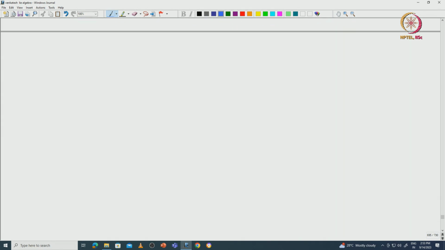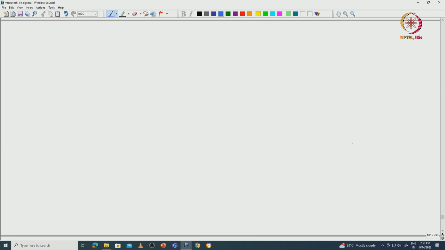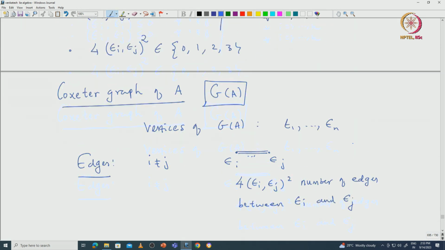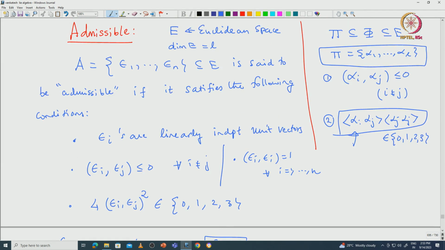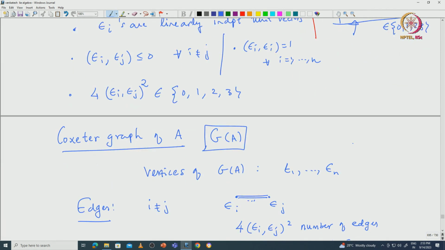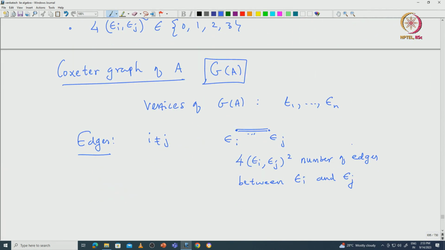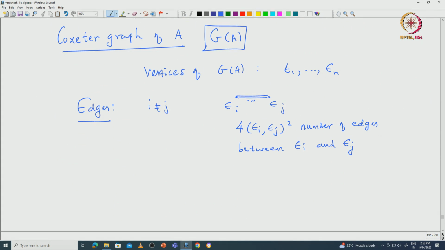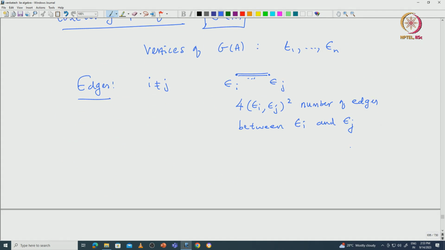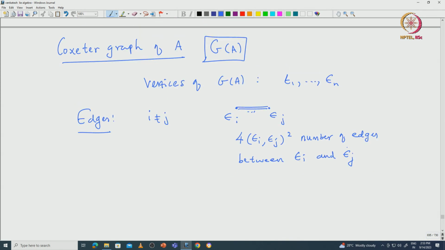Now, what we are going to prove is that for any admissible set, the Coxeter graph of that admissible set has very specific choices. It cannot be just arbitrary. Of course, we are interested in connected Coxeter graphs.